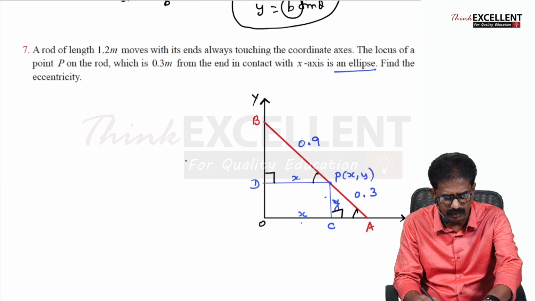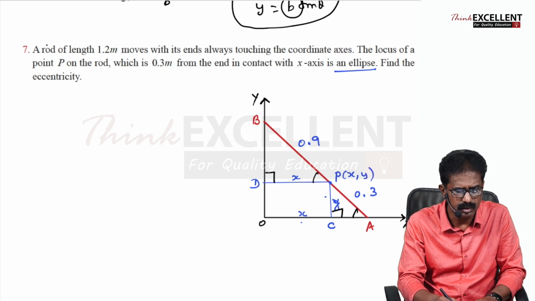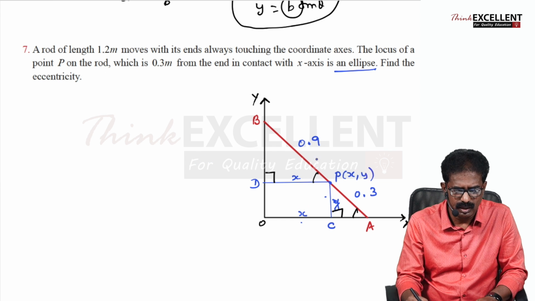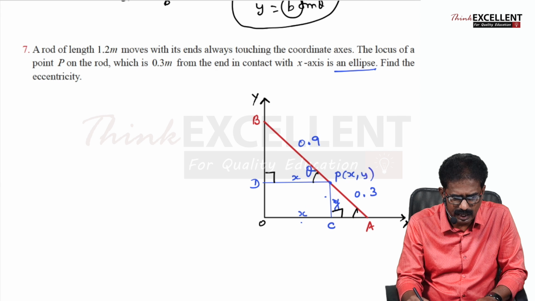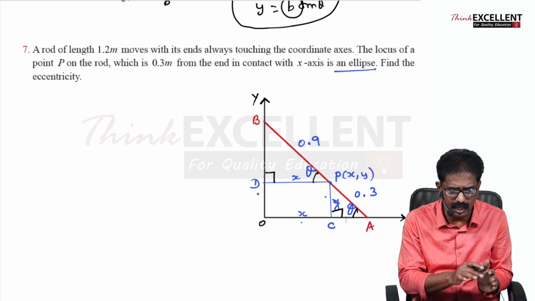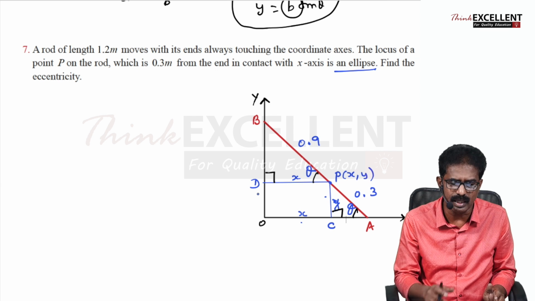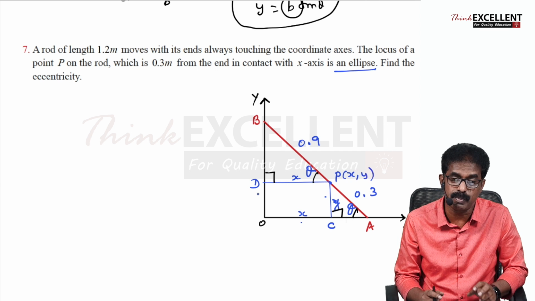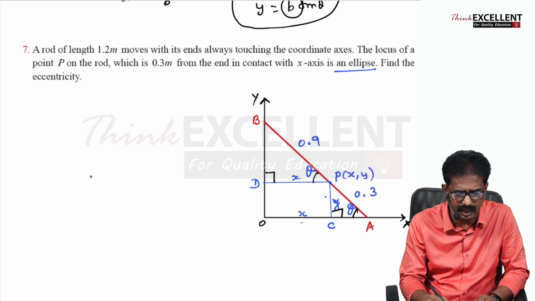So please listen here. For that, I'm taking the same two triangles only. These two angles are equal, they are corresponding angles. So we take theta, both angles are equal because PD and the x-axis are parallel, and there is a transversal, so the two angles I marked are corresponding angles, so they are equal, right? Now before that you should write the points.